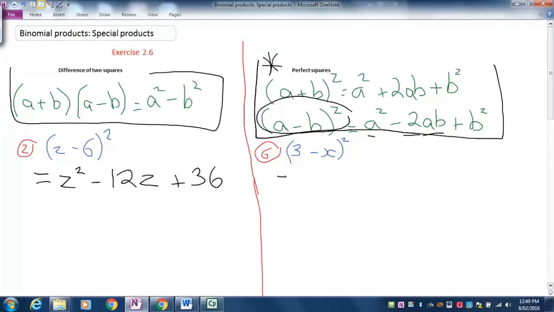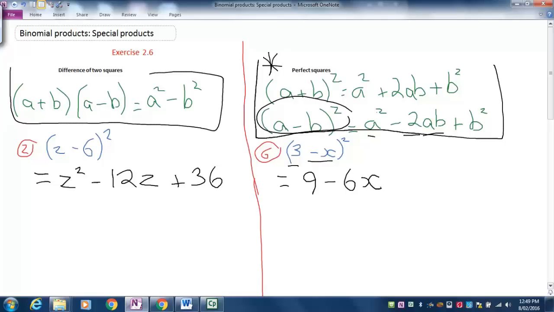Using the same rule for question 6, square the first term, I get 3 squared is 9. Now I multiply these two terms together and then double them for my middle term. Negative x times 3 gives me negative 3x, and doubling it gives me negative 6x.